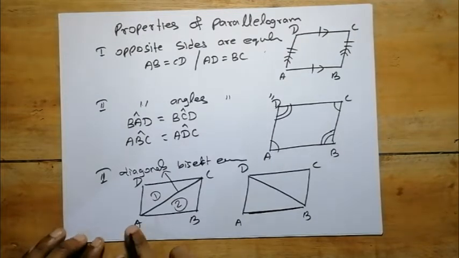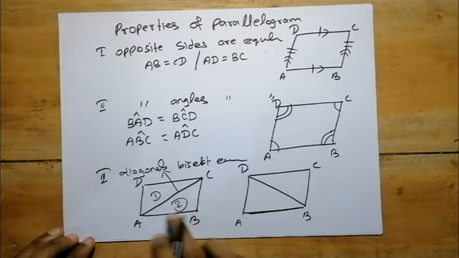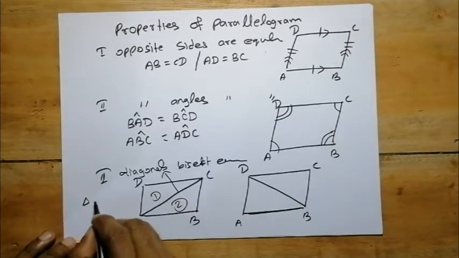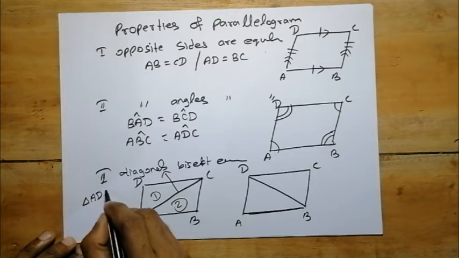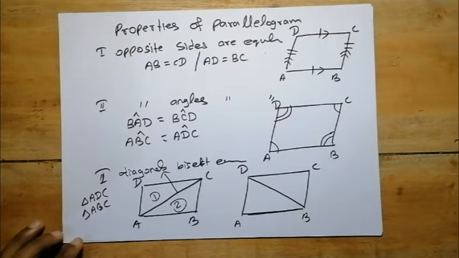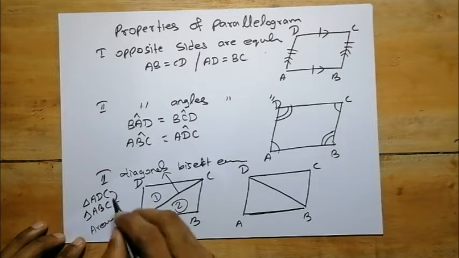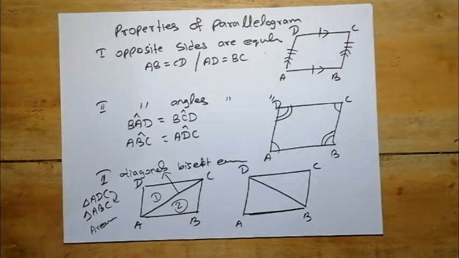If you connect the diagonal, it will divide the parallelogram into two triangles, namely triangle ADC and triangle ABC. So what is the connection between triangle ADC and ABC? The areas of those triangles are equal.